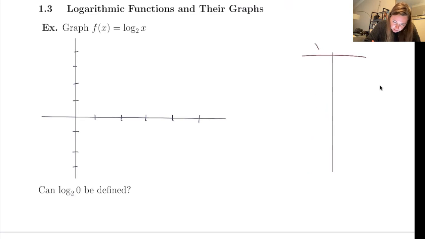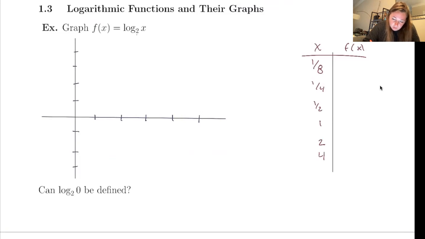Well, we definitely can't do that for x since it can't be negative. So, this is log base 2 of x. Things that are easy would be 1/8, 1/4, 1/2, 1, 2, 4, and so on.